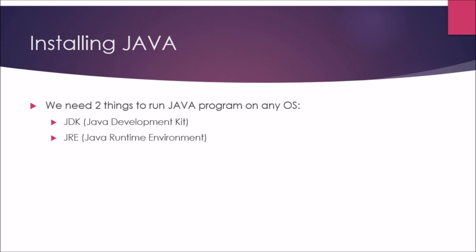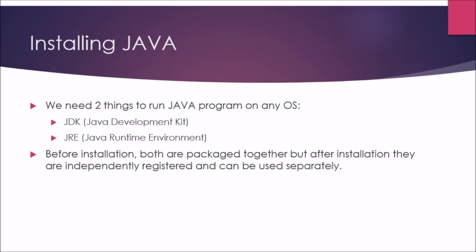Now Java has been installed successfully in our machines. What we have installed is JDK plus JRE. So we need two things to run any Java program on any OS. First is the JDK for the compilation of the programs, that is Java Development Kit, and the JRE for the execution of the programs, that is Java Runtime Environment.